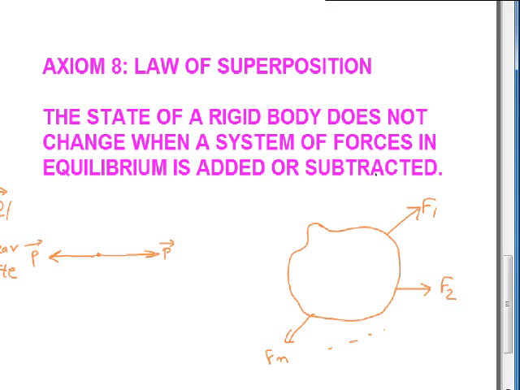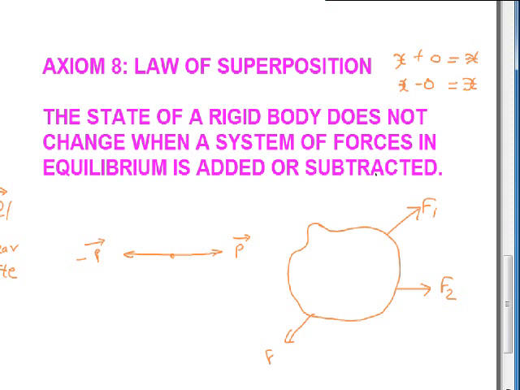Strictly speaking, we need to call it minus P bar. You have a force P bar here, and you have a force minus P bar here. Obviously you know the net force that is acting over here is P bar plus minus P bar, which is equal to 0. And we know that if we add 0 to anything, you will get the same quantity. If you subtract 0 from anything, you will get the same quantity.